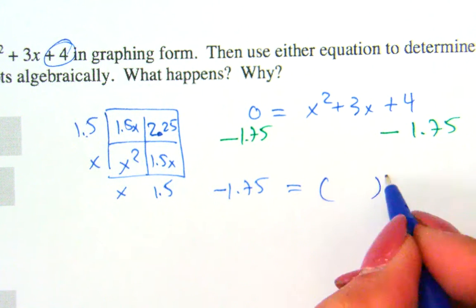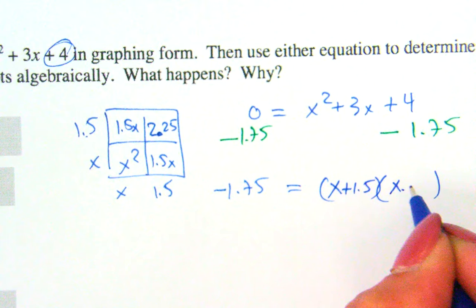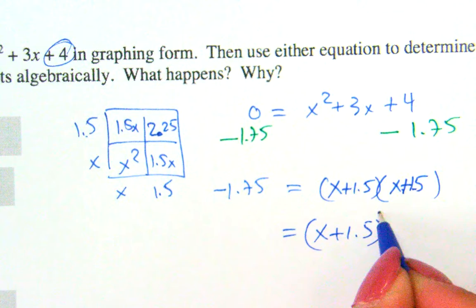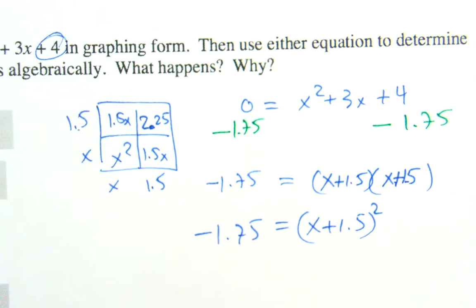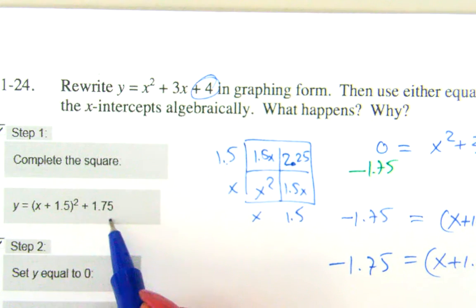And then in here we have x plus 1.5, x plus 1.5. And that's really just x plus 1.5 squared equals negative 1.75. But that's not graphing form, because graphing form looks like this right over here, where my pencil is at.